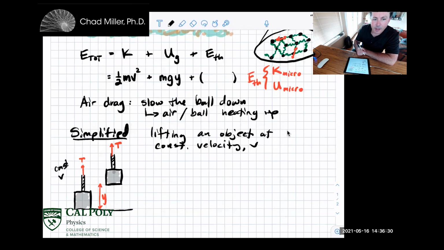We're doing this at constant velocity upwards, and we've lifted it up some distance y.